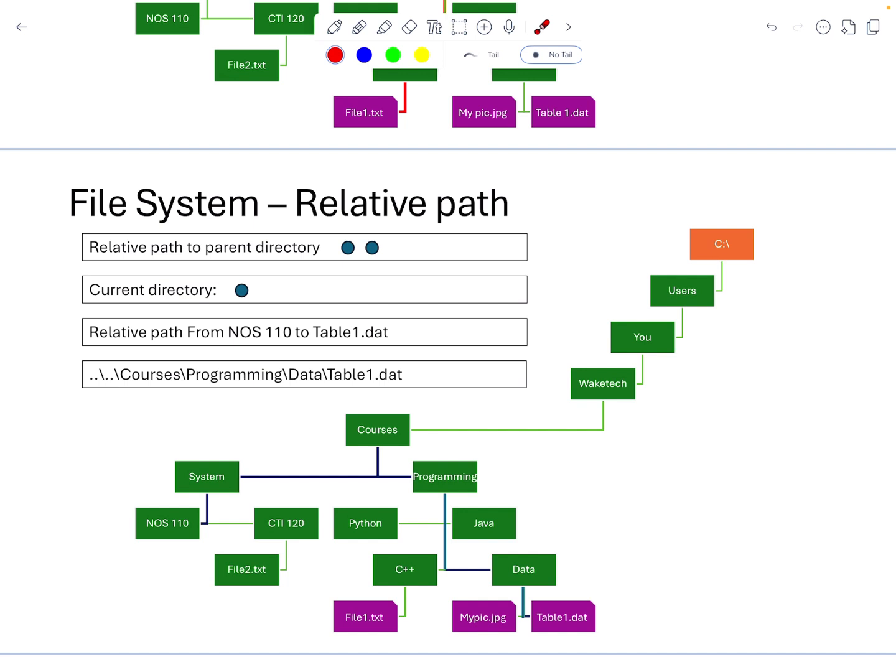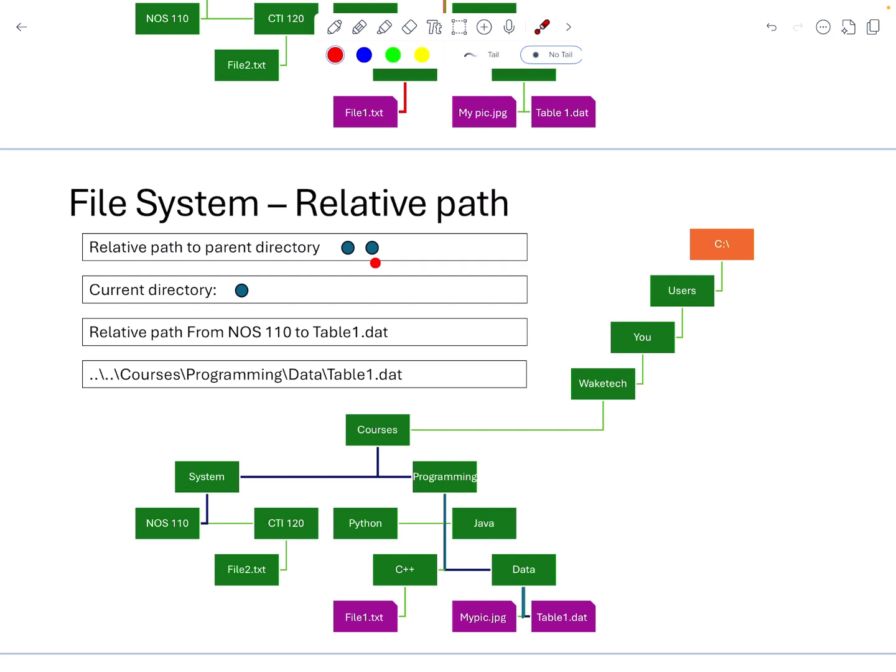To make it concrete, let's see an example. But before we go to the example, let's discuss the relative path concept here. There are a couple of key things you need to know. A relative path exists between my current directory and parent directory. If I want to move from my current directory to my parent directory, you need to use dot dot, two dots.